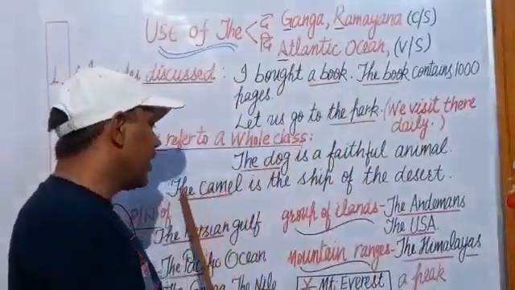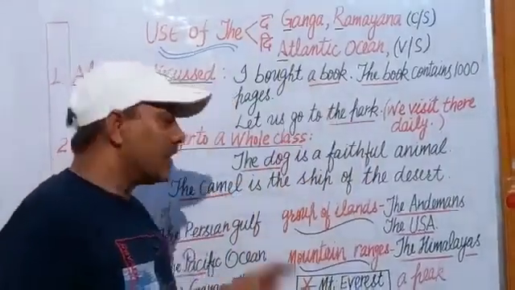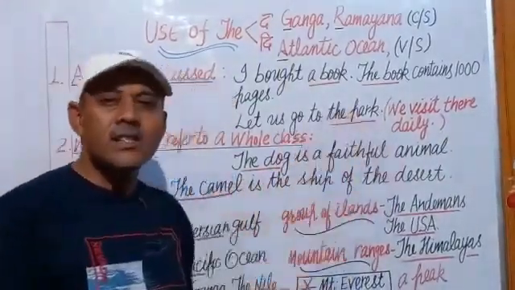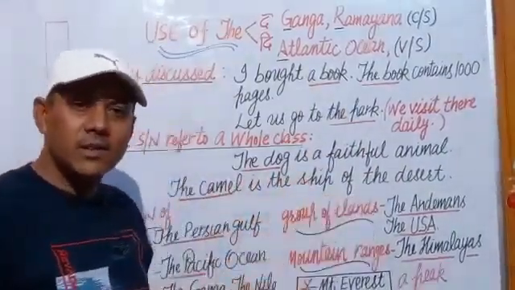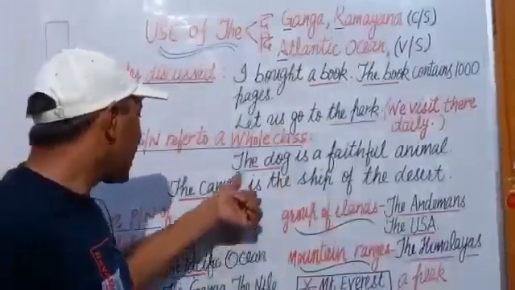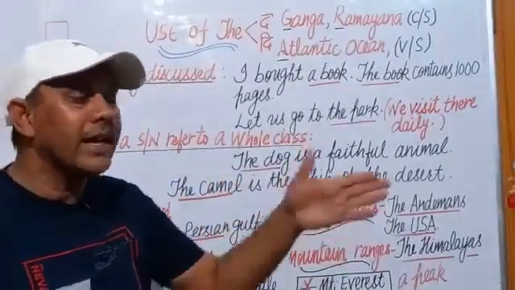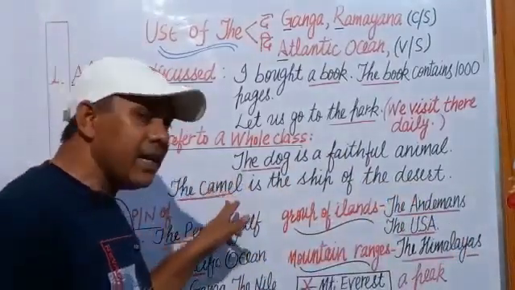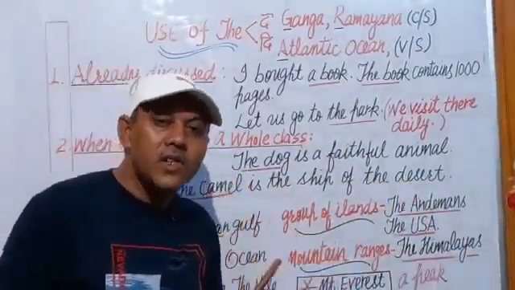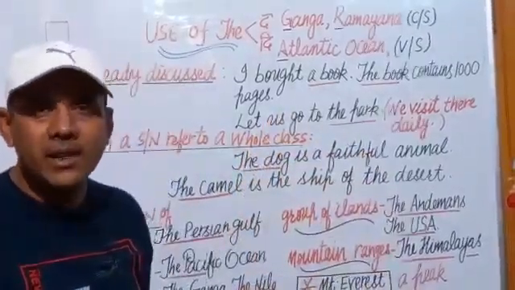The next sentence is, the camel is the ship of the desert. This is a well-known sentence and used frequently in the English language. This camel is not a specific camel or any general camel. The word camel represents the whole class of the camel family.